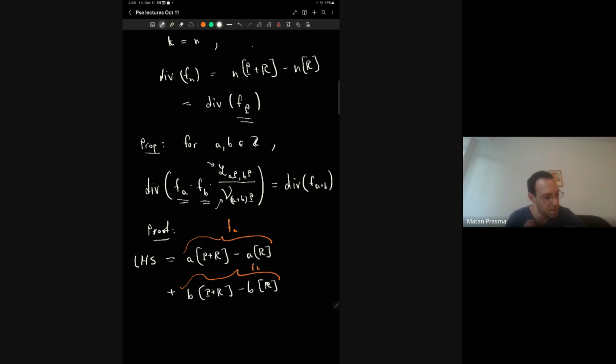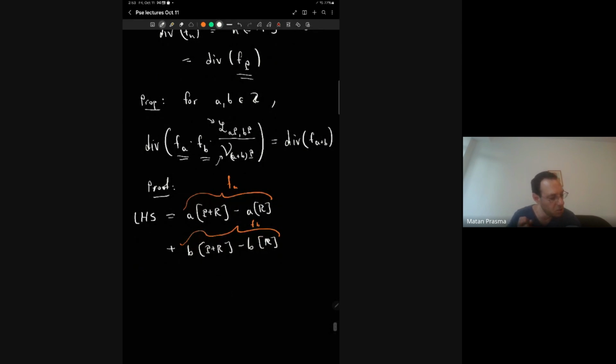Then I need to add the divisor of the line between AP and BP. The divisor of the horizontal line between AP and BP is AP plus BP minus A plus B P, because AP plus BP is A plus B P.